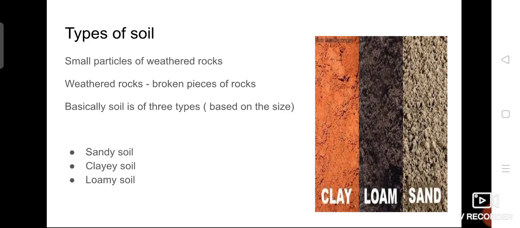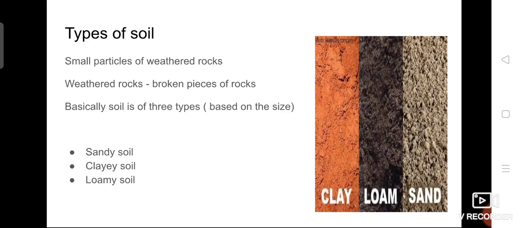Weathering is a process of continuous heating and cooling that breaks the rock into small particles. Big rocks broken down into small particles because of heating and cooling are called weathered rocks, meaning broken pieces of rocks.